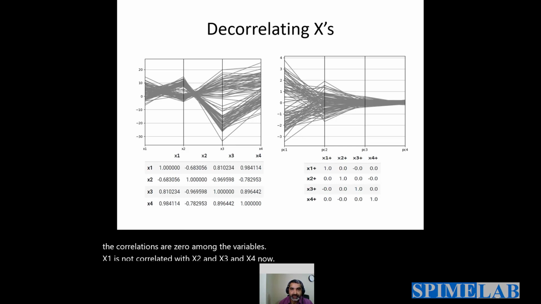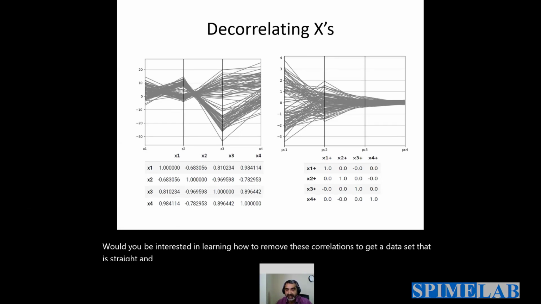Would you be interested in learning how to remove these correlations to get a data set that is straightened, that has independent axes now? The variables are really independent. Columns are having no relationship with each other, no correlation. Would it be an interesting technique to you?